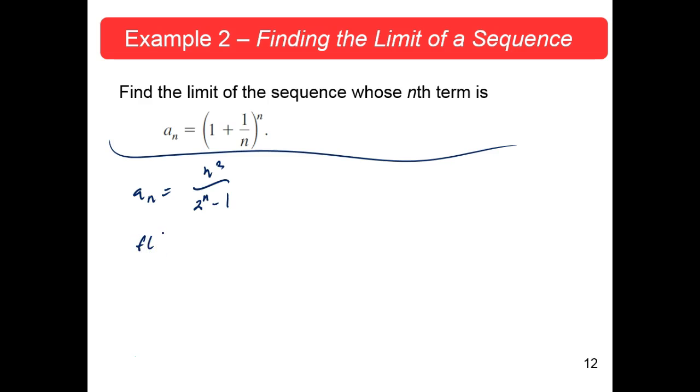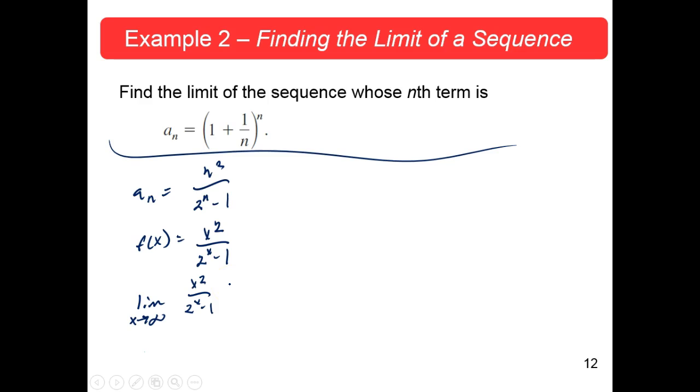F of x. Sometimes they do x's, sometimes they do n's. So let's make this x squared over 2 to the x minus 1. Okay? And we want to see if this has a limit as x is approaching infinity, right?